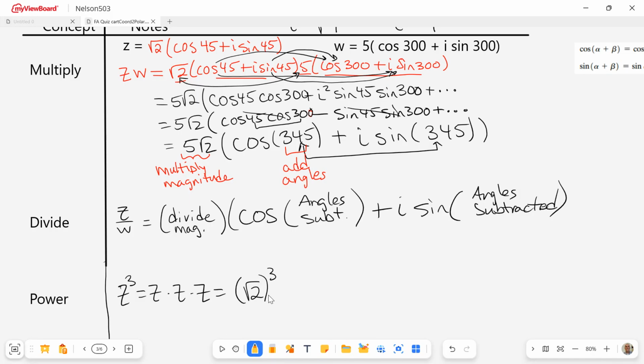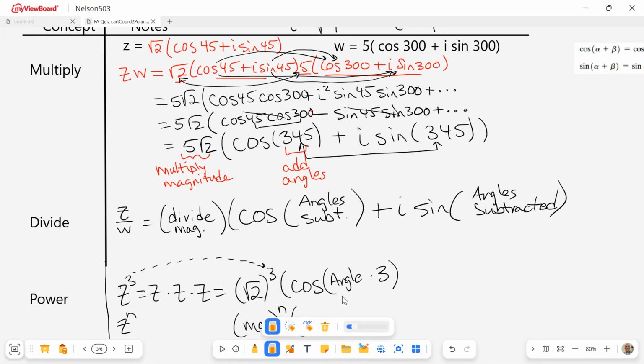So I'm going to take whatever my power is, and I'm going to put that on the magnitude. So if I had z to the n, let's come up with a general formula here. I'm going to take the magnitude to the nth power, okay? Now inside here, we're going to go cosine of the angle times 3. So I'm putting my specific example right up here.